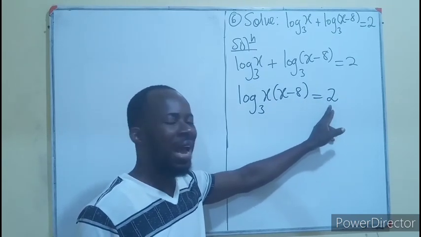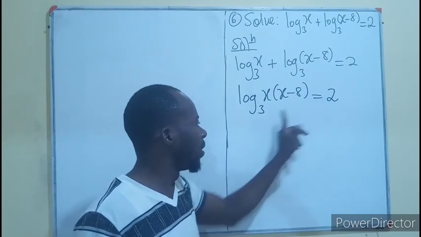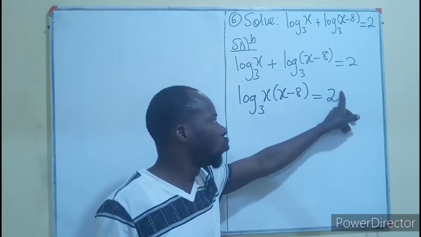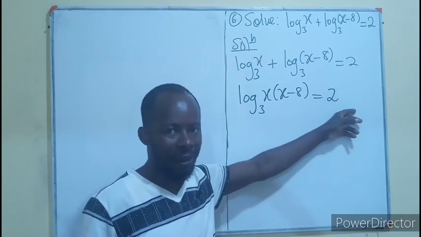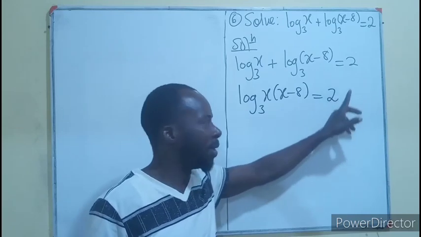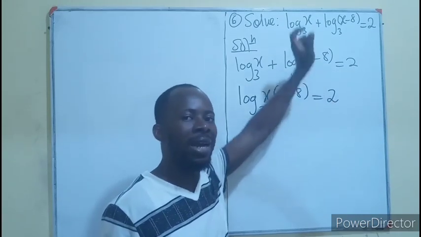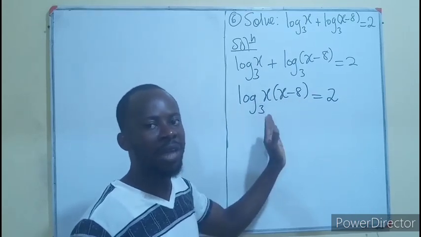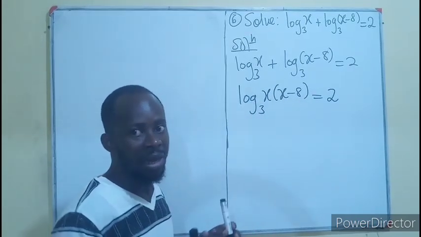Or we can still rewrite this as a logarithm. Since a logarithm to the same base gives us 1, this could be 2 log 3 base 3, and this 2 will become an exponent of the 3. Then we can find the anti-log of both sides without any other problem.